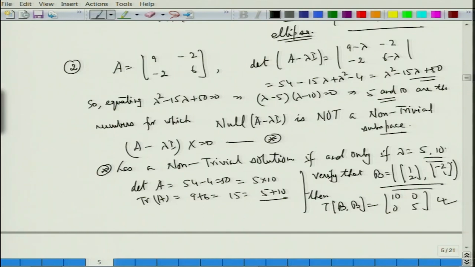And again you can talk in terms of, it will turn out to be an ellipse. So if you want to look at x transpose Ax equal to some number, say 50, x belonging to R2, such that this happens, then it will be an ellipse with axes. So find out the principal axes. One of them will be x plus 2y equal to 0, and the other will be y minus 2x equal to 0.